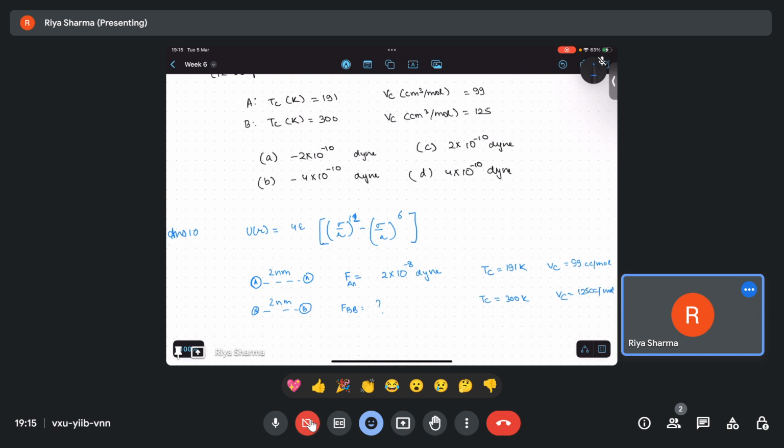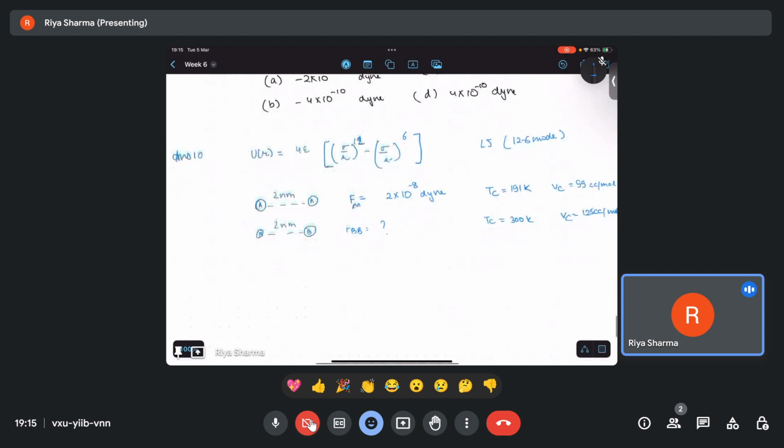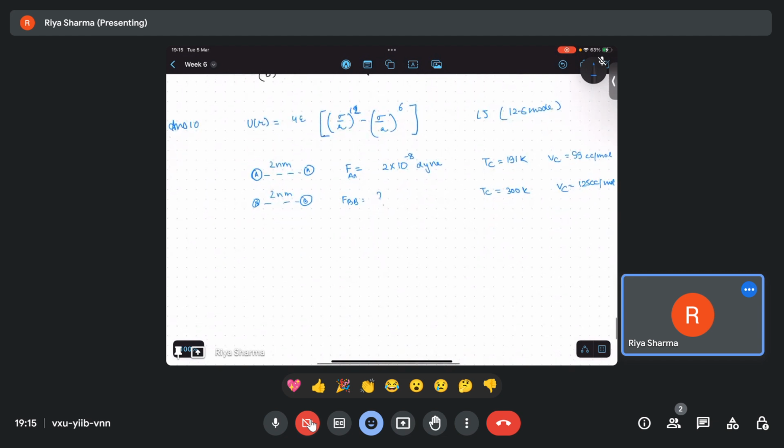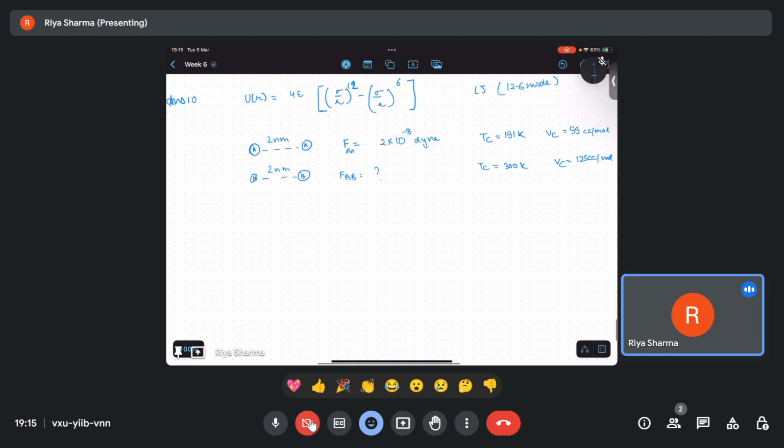They have already told us to use the 12-6 model, so we are already using it. There are a few concepts we have to use, but let's first write from the LJ potential mean force model.